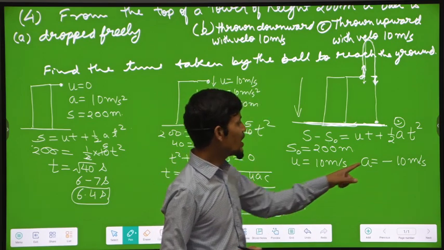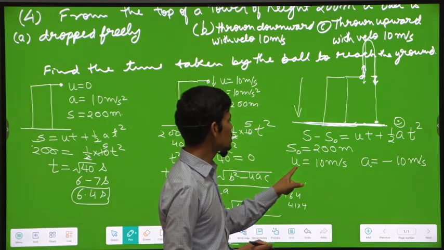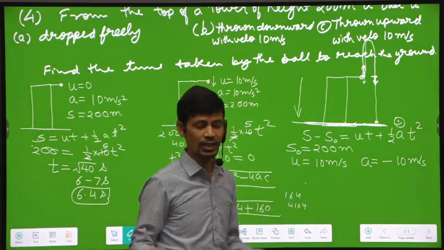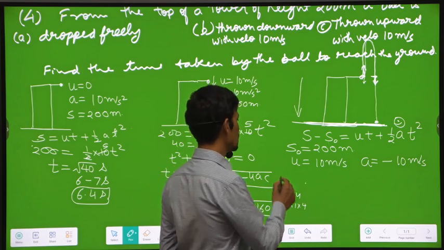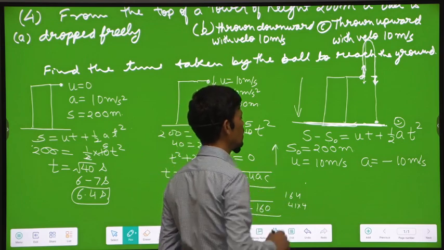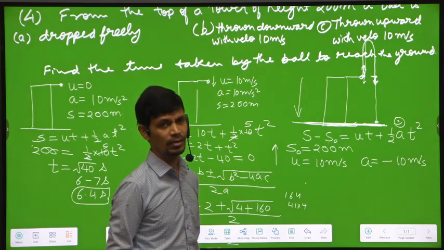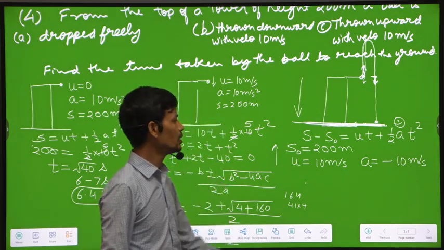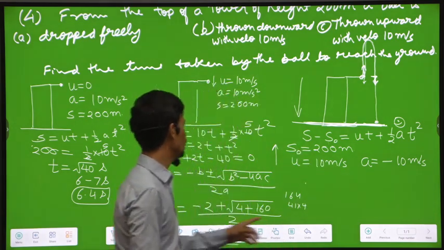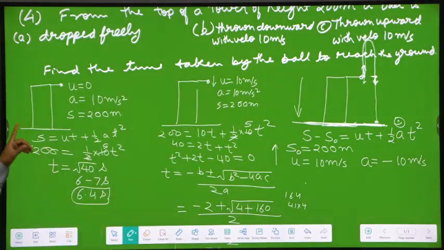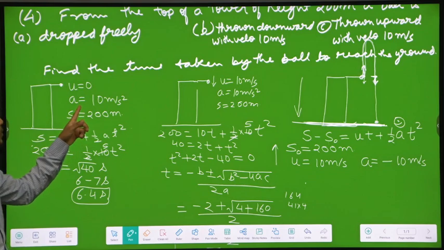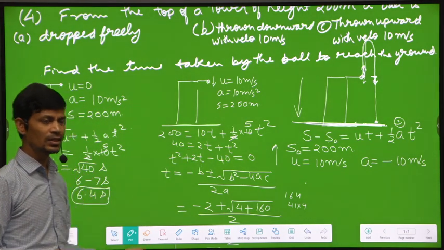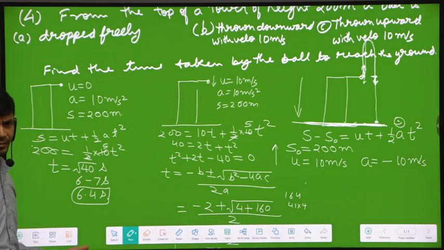But why negative? It is because we have chosen a convention here which we haven't expressed, that upward direction is positive. U is taken positive, but acceleration due to gravity acts downward, so that should be taken negative. Why haven't we taken acceleration due to gravity negative here or here? Because it is not needed there.